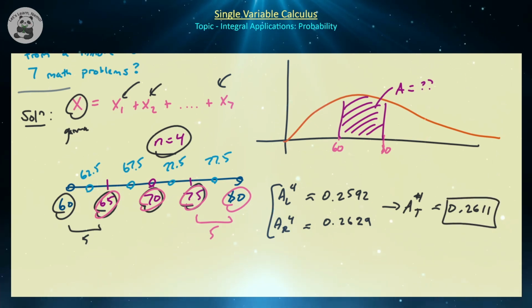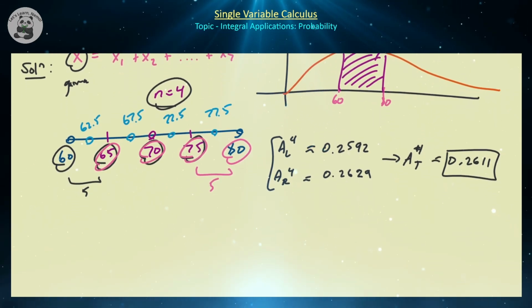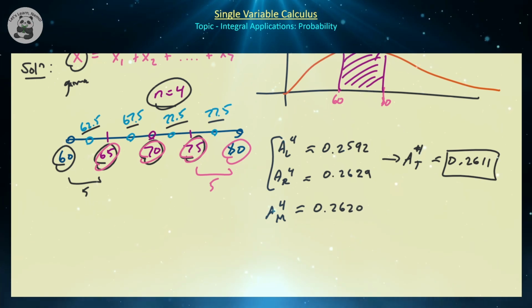But that's not necessarily going to give us tremendous accuracy, so we can switch to a midpoint approximation. A midpoint approximation with 4 rectangles, if we use base points 62.5, 67.5, 72.5, and 77.5, is approximately equal to 0.2620.